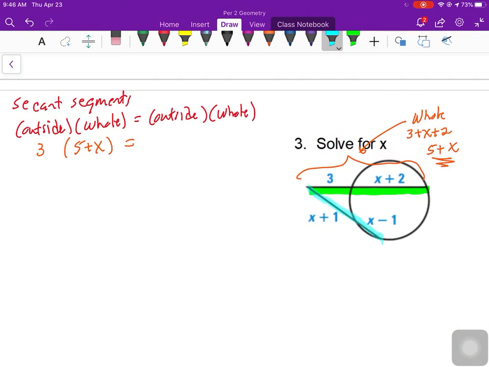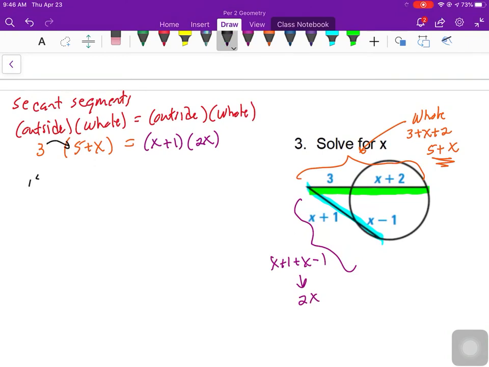On the bottom one, right here, we need the whole length. The whole length is going to be x plus 1 plus x minus 1. Well, that's just 2x. So we have the outside, which is x plus 1 times 2x.